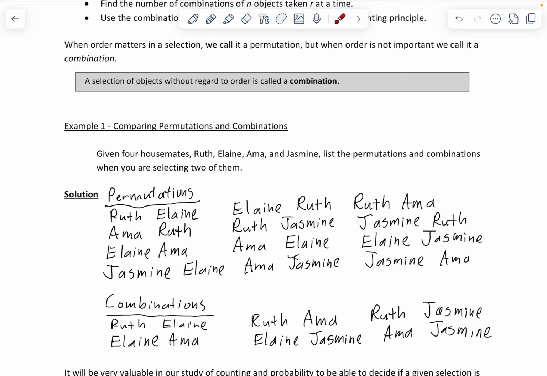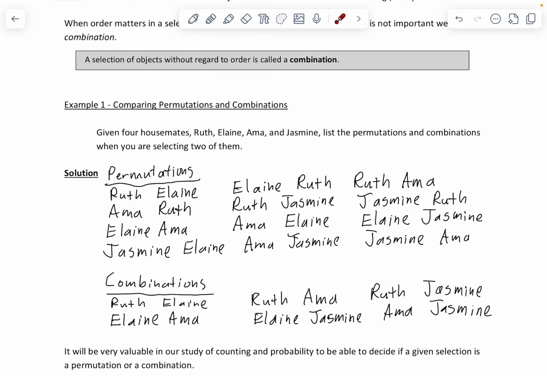So for permutations, we care about ordering the names in a specific way. For combinations, all we care about is how many ways you could pick two names from a group of four names, and we don't care about the order. So there are 6 combinations and 12 permutations.